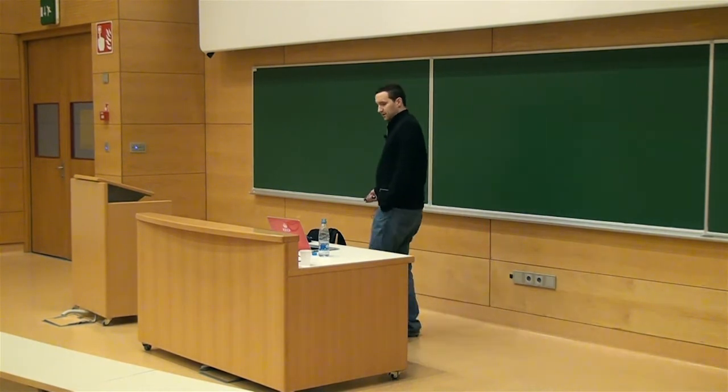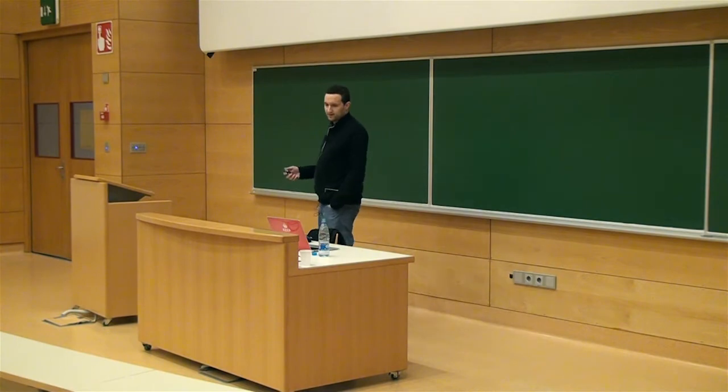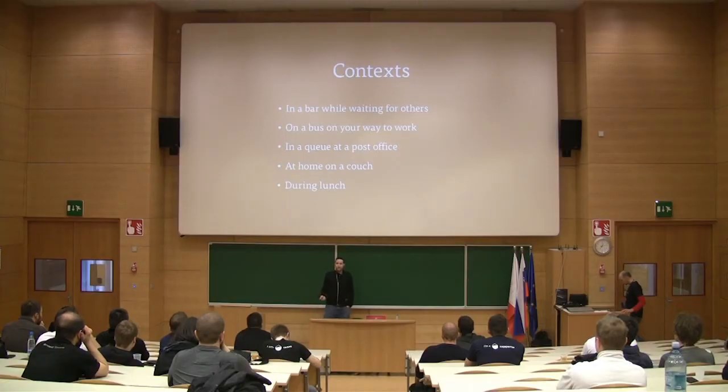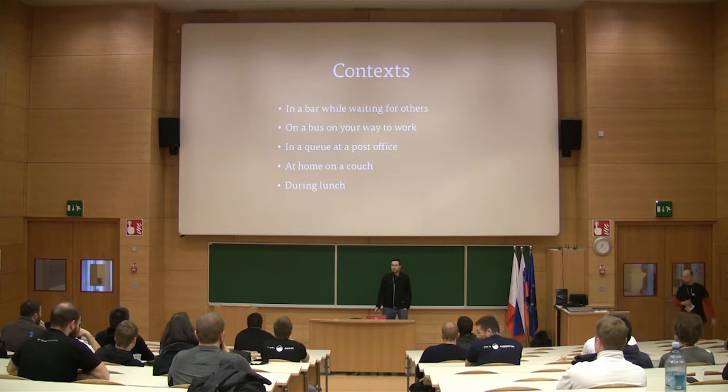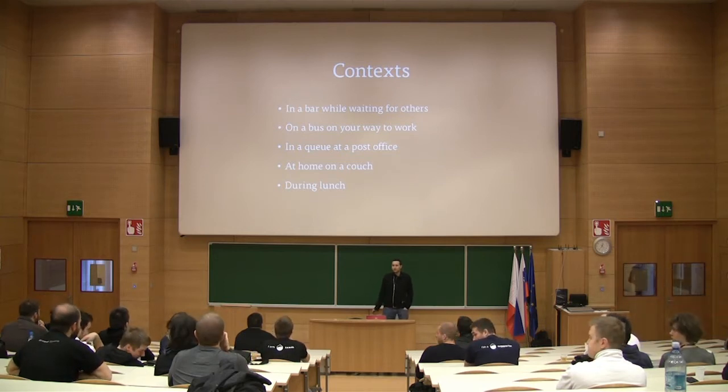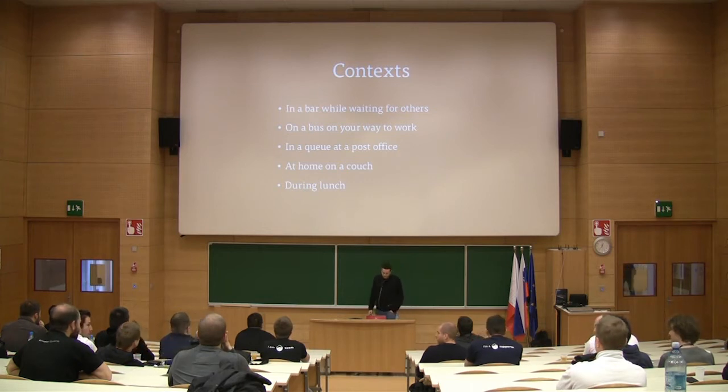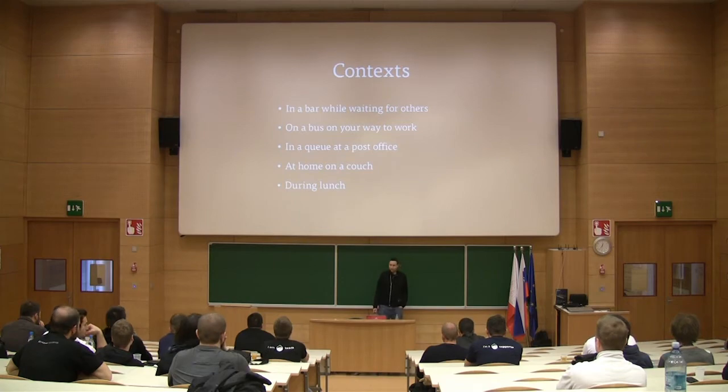TVs. While contexts are where you're looking at a web page, why are you looking at it, what the speed is, stuff like that. So you might be in a bar waiting for other people to show up, checking Foursquare email when the conference is going on or whatever. You might be on a bus on your way to work, in a queue at a post office.